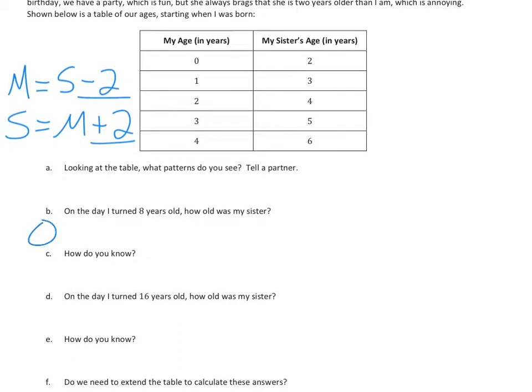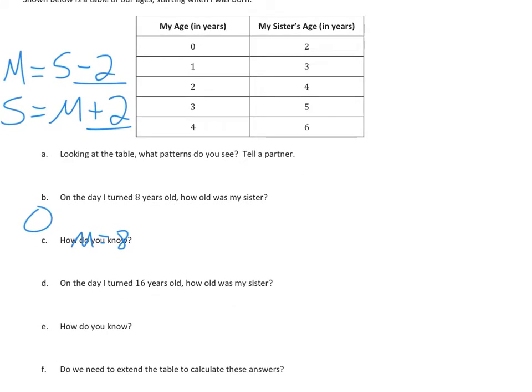It says, on the day I turned 8 years old, how old was my sister? Now remember, my sister is how many years older? That's right, she's 2 years older. So if I turned 8, if my age was 8, and I plug that into my equation of how old is my sister, S equals M plus 2, right?